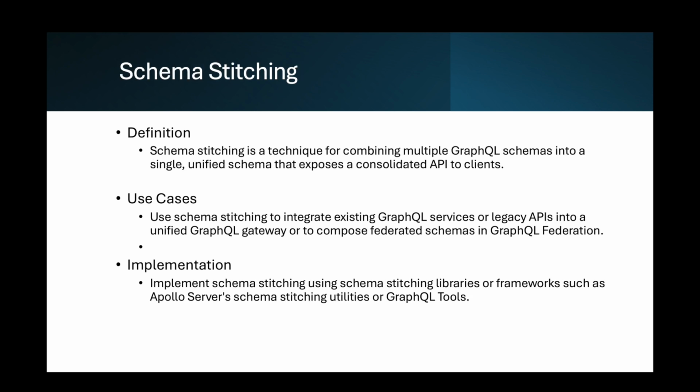How about schema stitching? Now, schema stitching is a technique for combining multiple GraphQL schemas into a single unified schema that exposes a consolidated API to the clients. The use case in this case is: use schema stitching to integrate existing GraphQL services or legacy APIs into a unified GraphQL gateway or to compose federated schemas in GraphQL Federation.